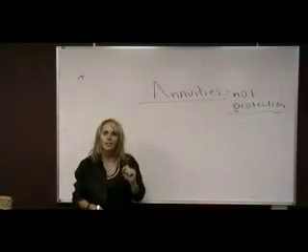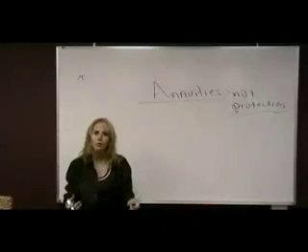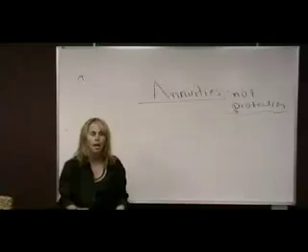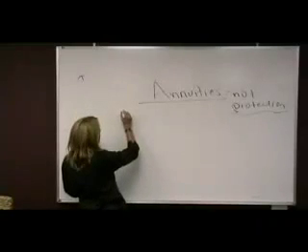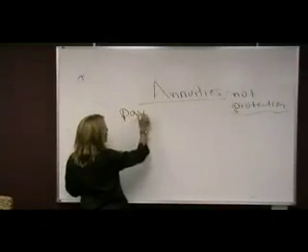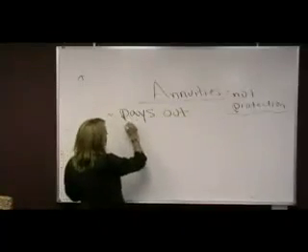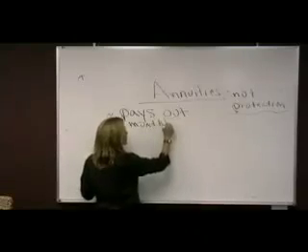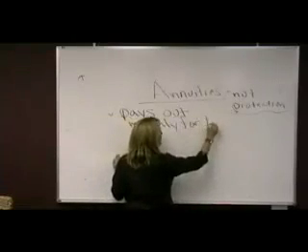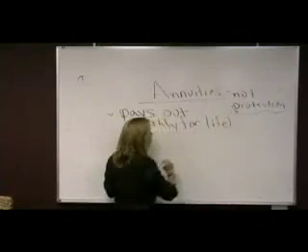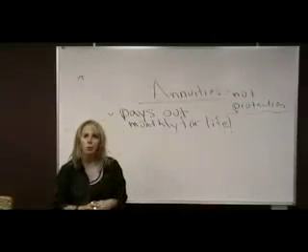The annuity is designed to liquidate this pool of money over a period of time. So annuities are designed to pay out monthly for life. So they're oftentimes used as retirement products.